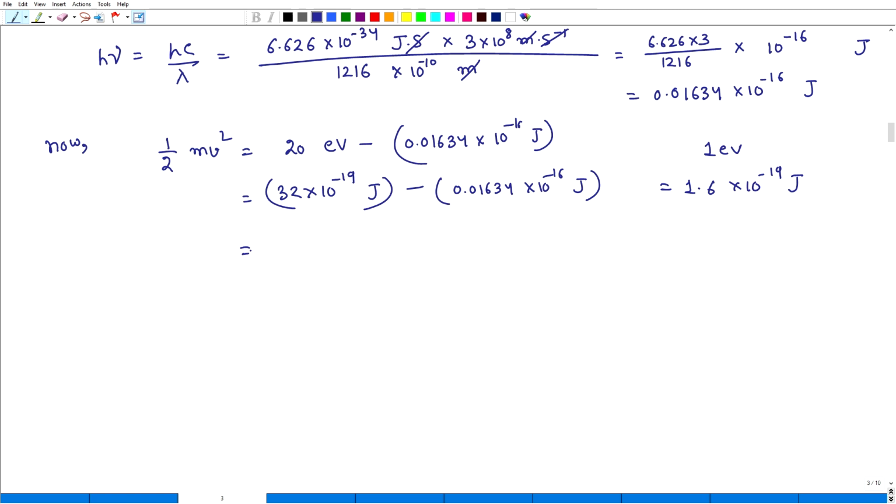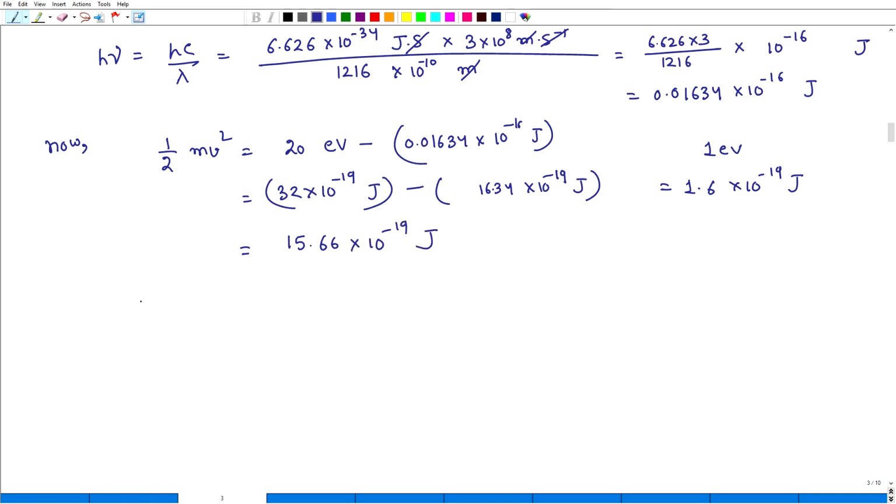We have to put these in the same unit. Shifting by 10 to the 3, it becomes 16.34. So it will be 32 minus 16.34, which is 15.66 into 10 to the power minus 19 joule.